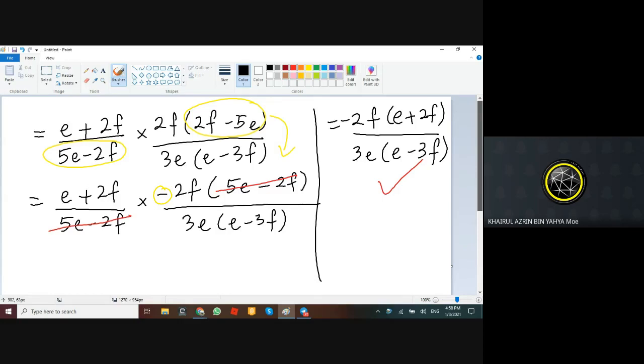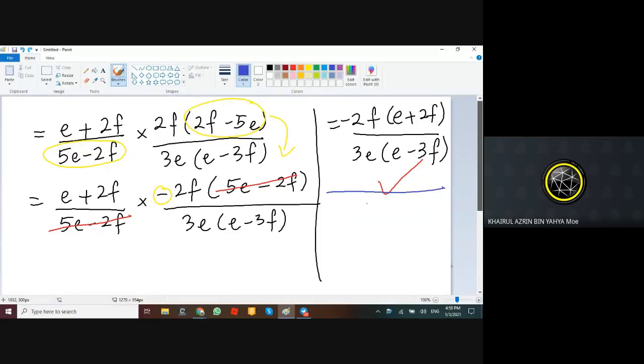Okay, because like this. Maybe I use different example.